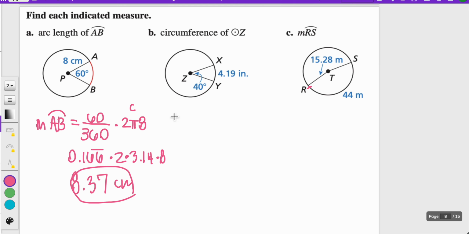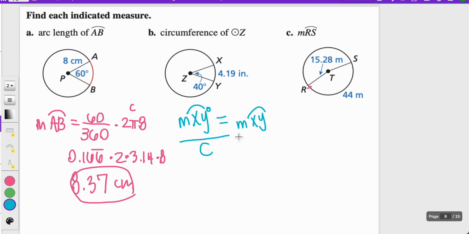Letter B, to find the measurement of XY. What I can do here is set up a proportion. So I can find the arc length of XY and divide it by circumference, maybe labeling that C, is equal to the measurement of XY now. So this is degrees.